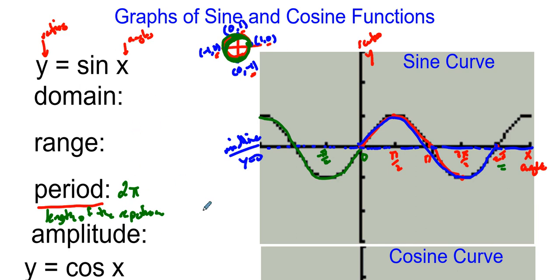We have an amplitude. The amplitude is this other cool word, and that talks about the height, or the length of the peak and valley from the line of oscillation. So amplitude actually we refer to as the distance from the midline, or line of oscillation, to the max or the min in the graph.